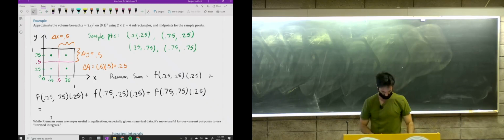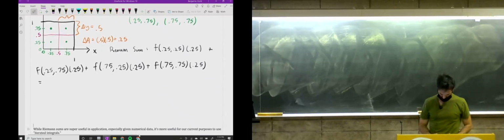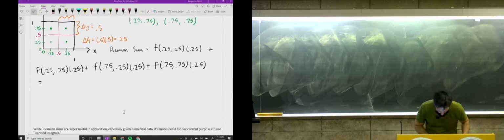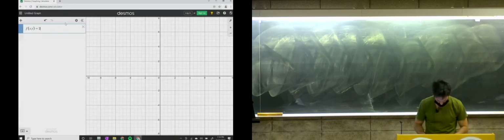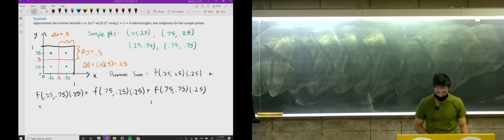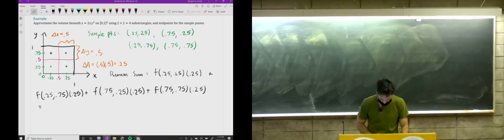And I'll plug this in on a calculator at this point. So let's define f of x, y. What did we say it was? 2x squared? Is that what we said? 2x squared y? Yeah, 2xy squared, sorry. 2xy squared. I can pull out the 0.25 of each term, so I'm just going to pull out that common factor of 0.25.